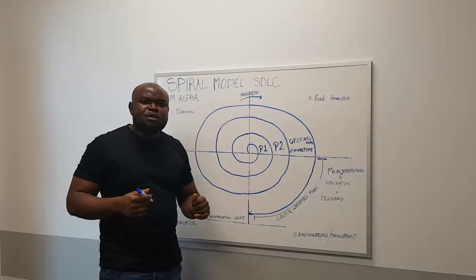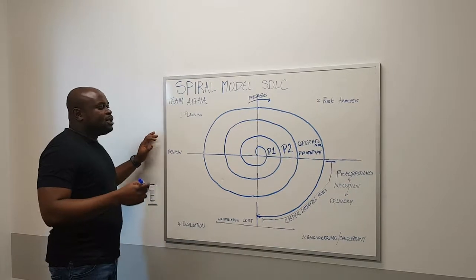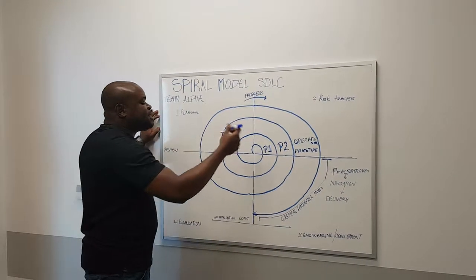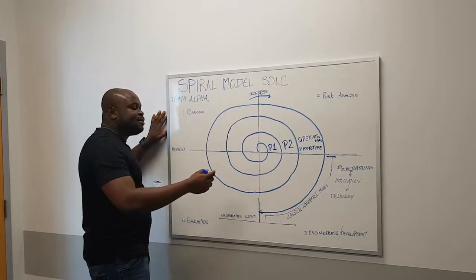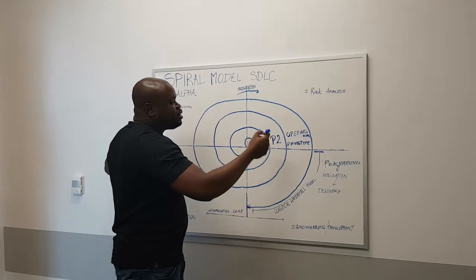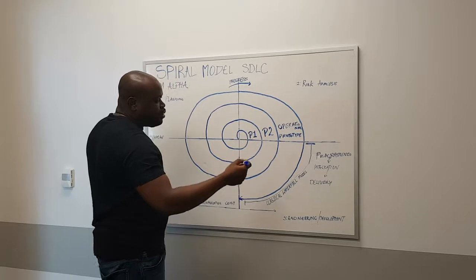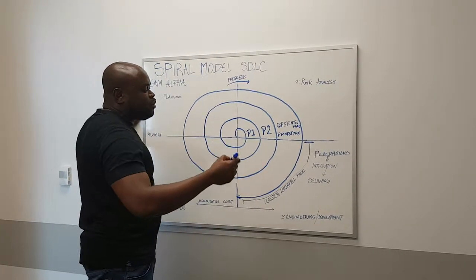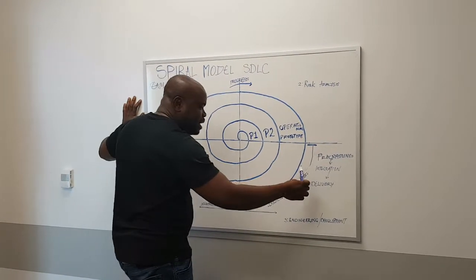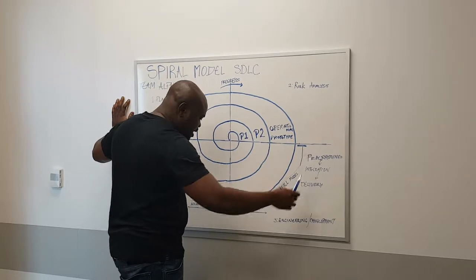And because prototyping is used extensively as well, the system is built early in its life. By so doing, it leads to an operational prototype which falls into the development cycle of the classical waterfall model, which is represented here as programming, integration, and delivery.